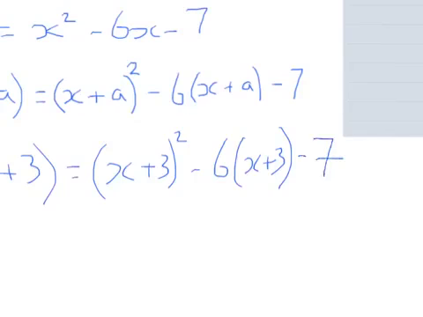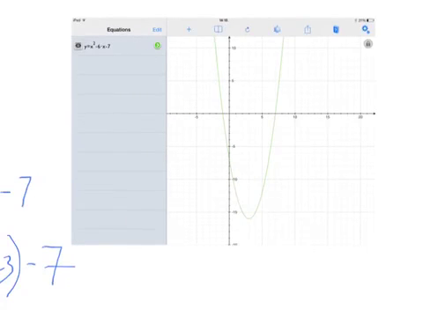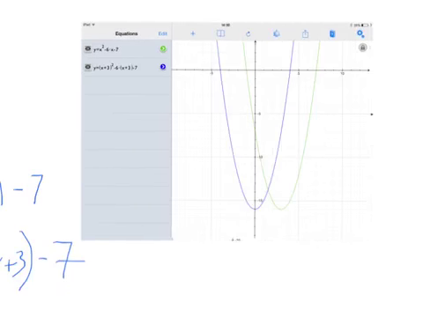Okay, let's have a look at this graph too then, for which I'm going to lay it on top again. So this is what that would look like, x plus 3 squared minus 6 lots of x plus 3 minus 7.